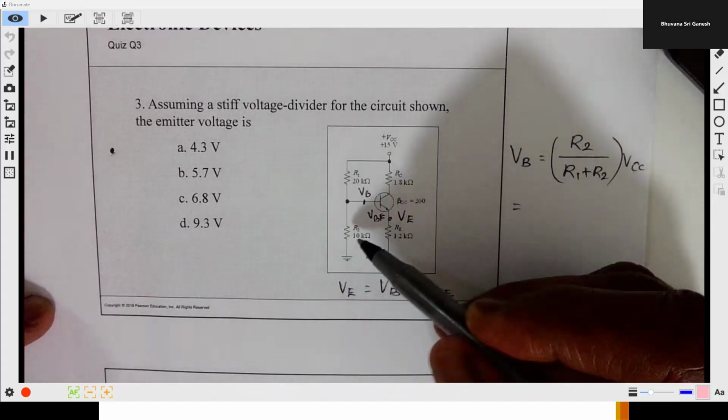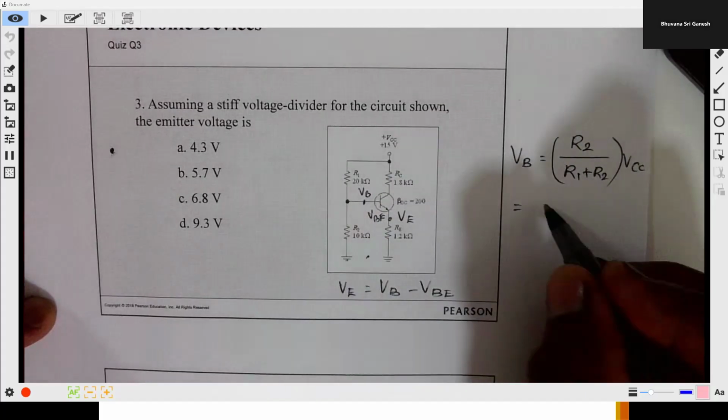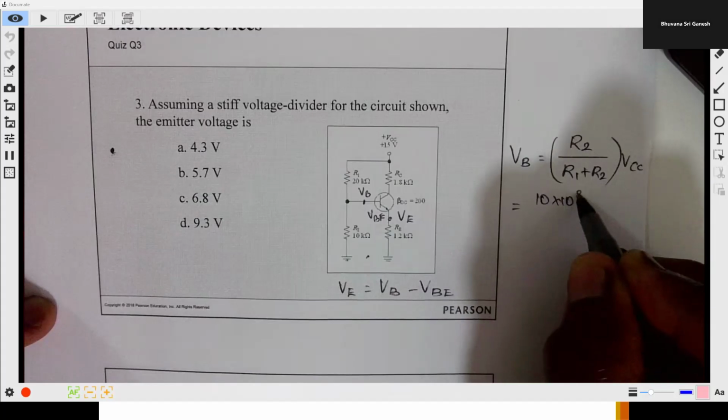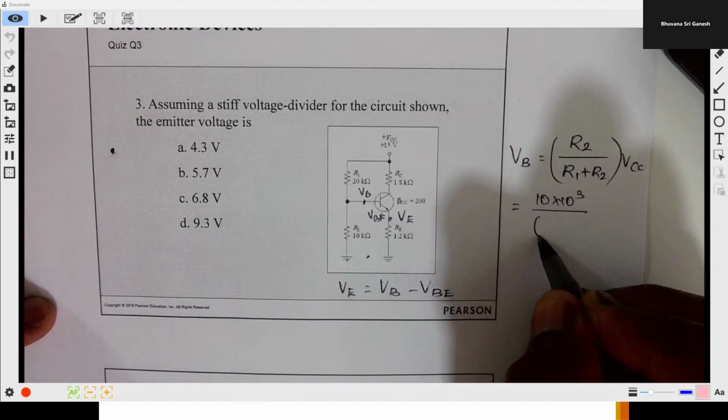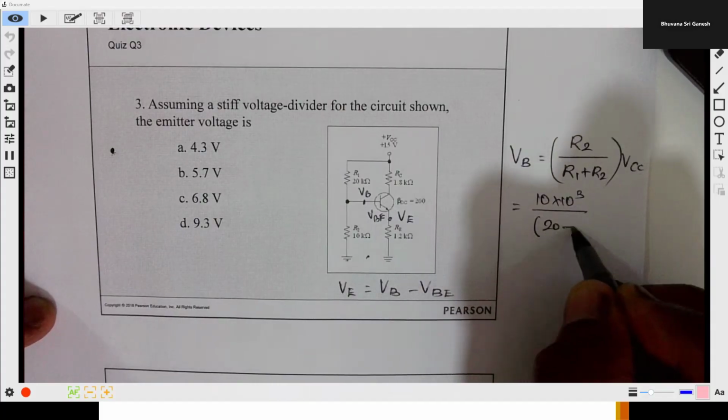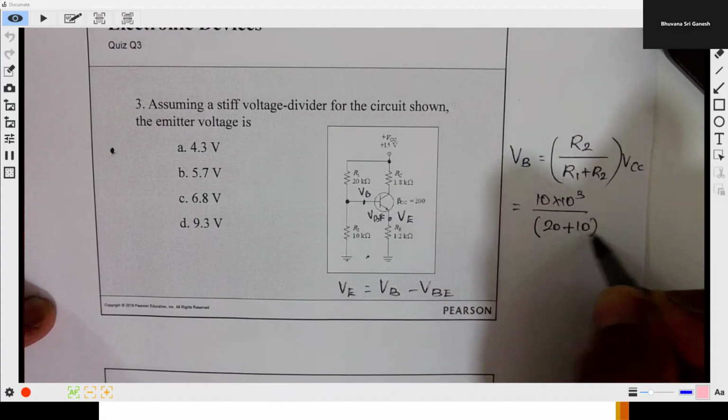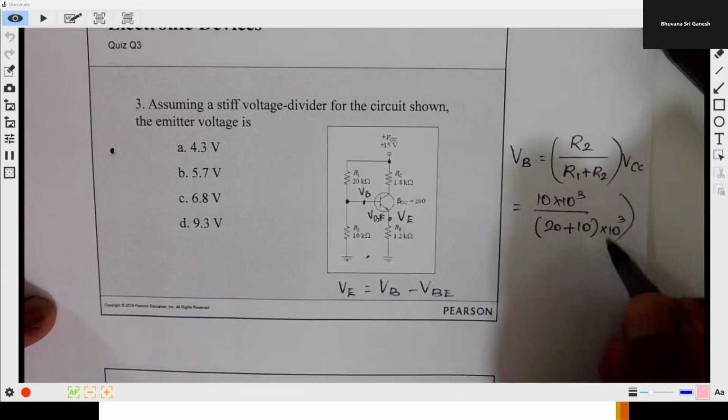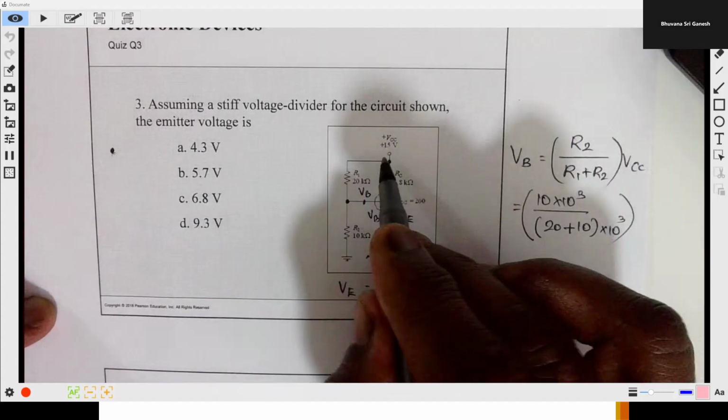R2 is 10 kilo ohms, so 10 times 10 power 3 divided by R1 plus R2. R1 is 20 kilo ohm, R2 is 10 kilo ohm, and the whole is multiplied by the supply voltage 15.